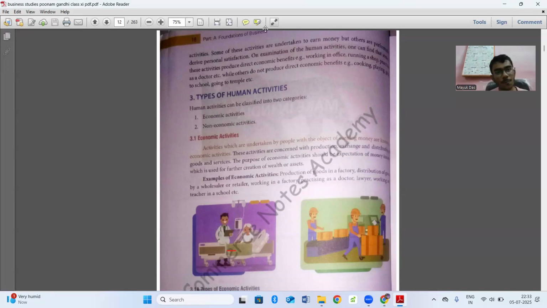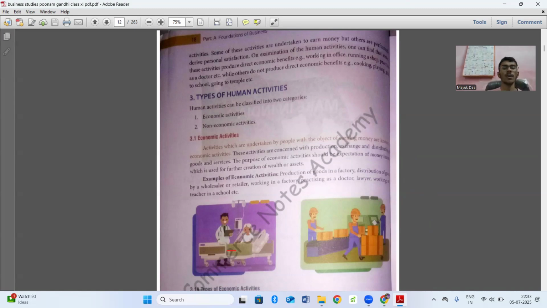On examination of the human activities, one can find that some of these activities produce direct economic benefits. Example, working in office, running a shop, working as a doctor, while others do not produce direct economic benefits. Example, playing, going to school, going to temple.